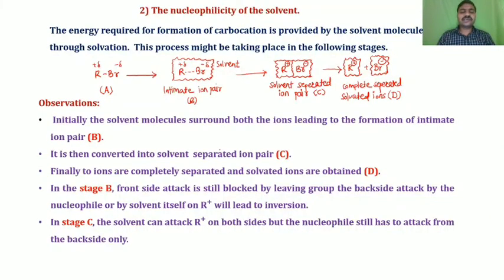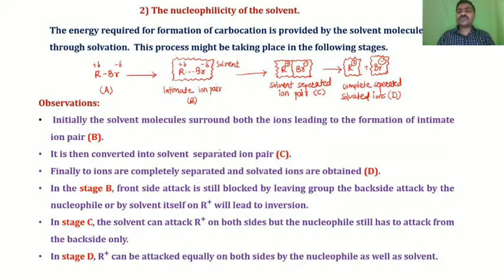Then in stage C, the solvent can attack this carbocation on both sides, but still the nucleophile attacks from the back side only, because from the front side Br- is present. And in stage D, the R+ can be attacked equally by the nucleophile from the front side as well as from the back side.